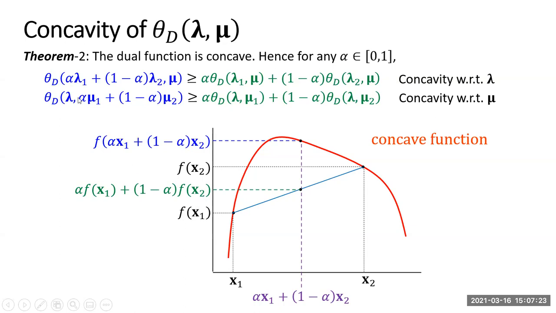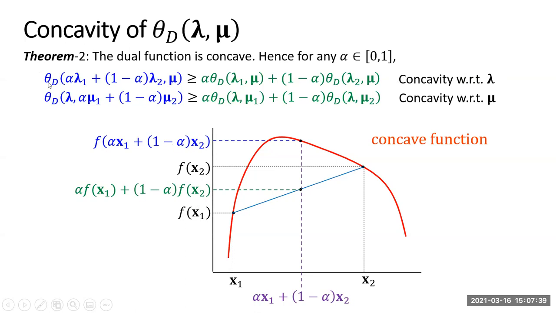Now, I've color-coded these. So instead of f, now I have theta d. Okay, and ignore the mu: if we have to show concavity with respect to lambda, we just ignore the mu here.